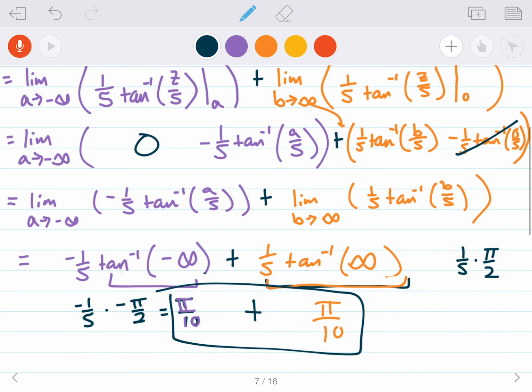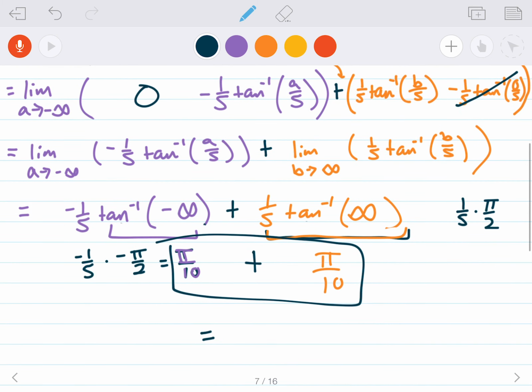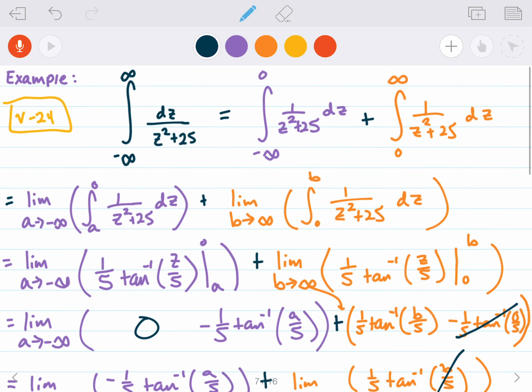So pi over 10 plus pi over 10 is going to be 2 pi over 10, which simplifies to pi over 5, okay? So here we have a converging area, which is crazy because we're integrating from negative infinity all the way to positive infinity, and somehow we still end up getting a finite area of pi over 5. It's pretty freaking cool if you ask me.